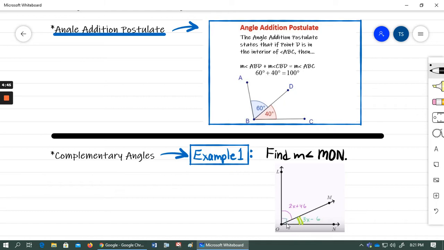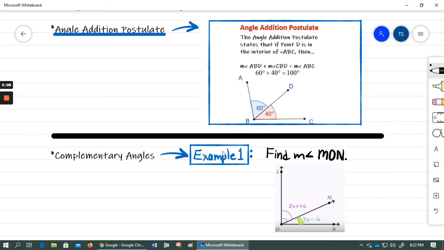That little symbol that looks like a box in the corner lets you know that the big angle is a right angle, a total of 90 degrees. Since these 2 angles come together to form a right angle, or add together to give you 90 degrees, that means they're complementary angles.